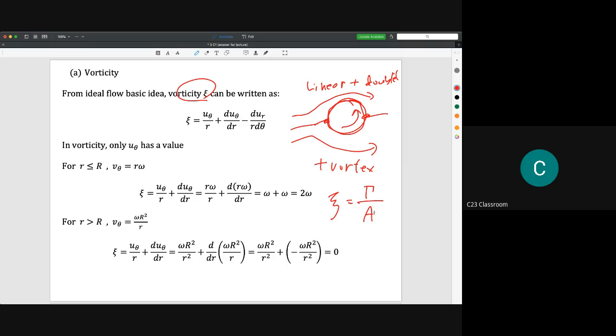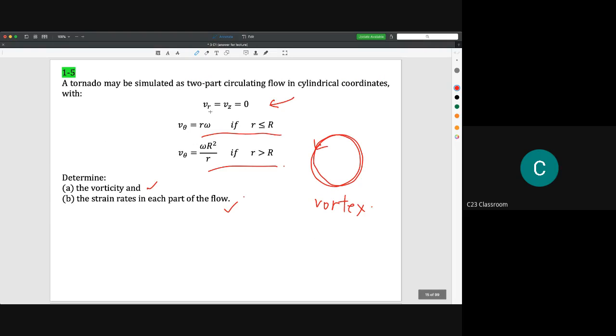Okay. So here, just to simplify the question, at the beginning we assume that there is no VR and there is no VZ. Why? Because you need to understand that these are the component velocities. So if VR and VZ occur, the rotation will become like a tornado like this.